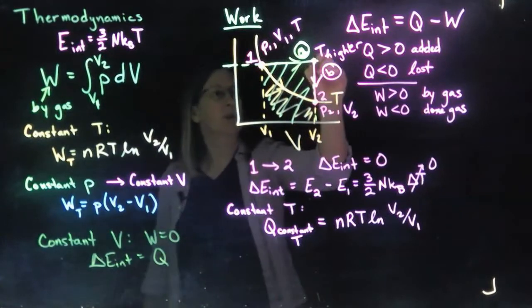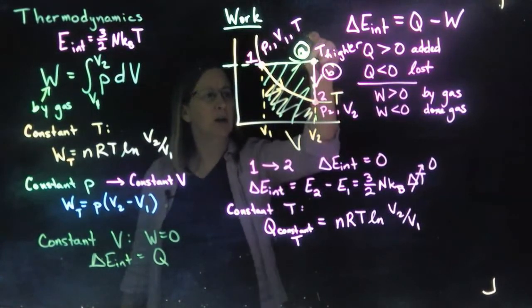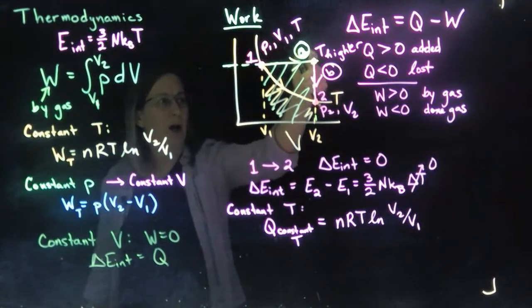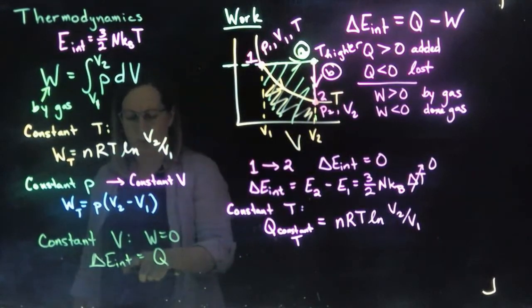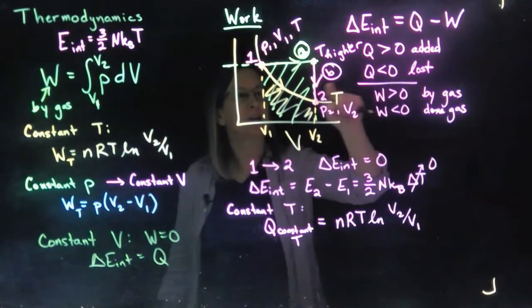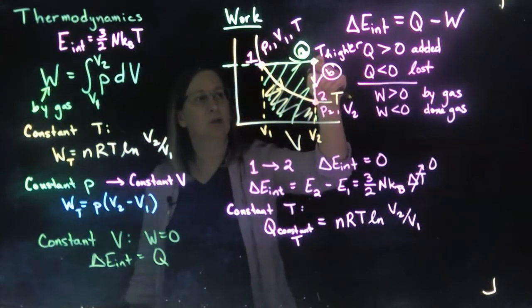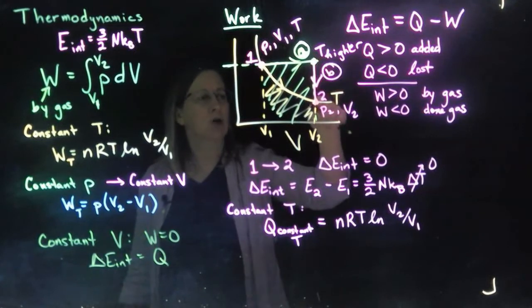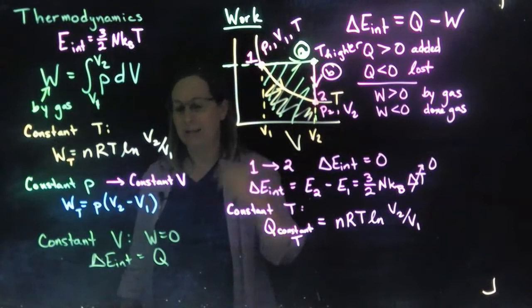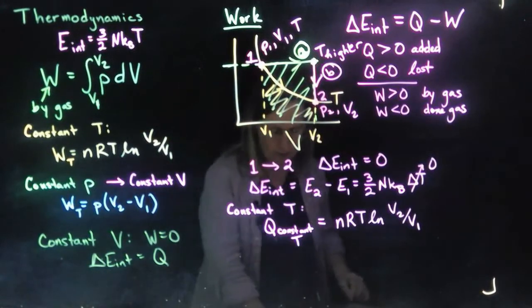In this case, from here to here, the internal energy change is negative, right? Because the temperature goes from a high to a low temperature. So the final energy is lower than the initial. This is negative. So Q is negative. So heat is actually lost in this situation as we go from a high temperature to a low temperature at the same volume, okay?